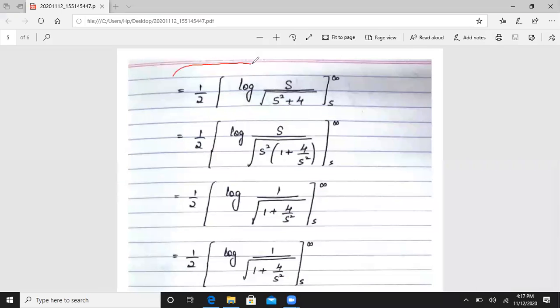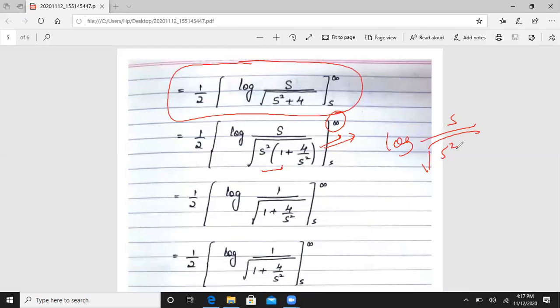It is 1 by 2 into log of s divided by root of s square plus 4, and the limits are s tends to infinity as it is. We want to simplify this function because of the infinity limit, so we simplify as much as possible. We take this one, log of s divided by root of s square plus 4.